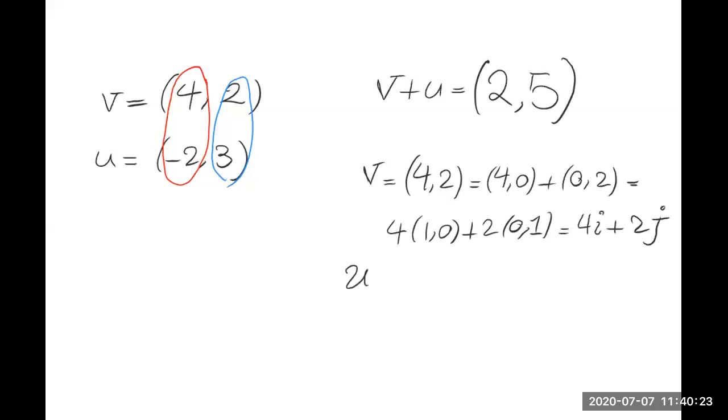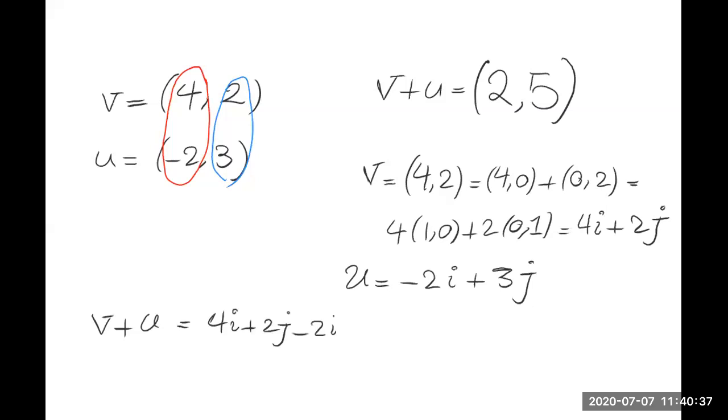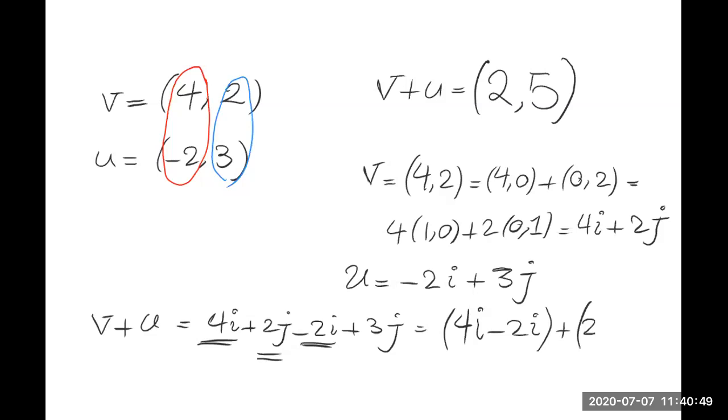Well, in a similar way, U is equal to -2I plus 3 times J, right? So V plus U is 4I plus 2J minus 2I plus 3J. Now I have 4I here, I have -2I here. I have 2J here, I have 3J here.